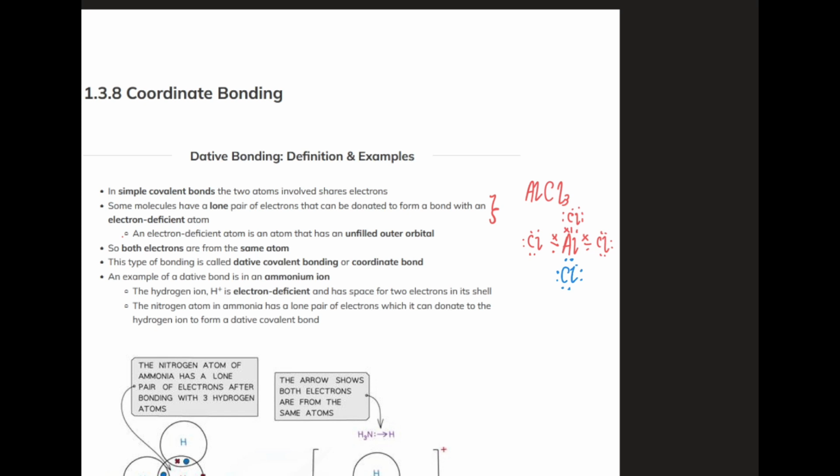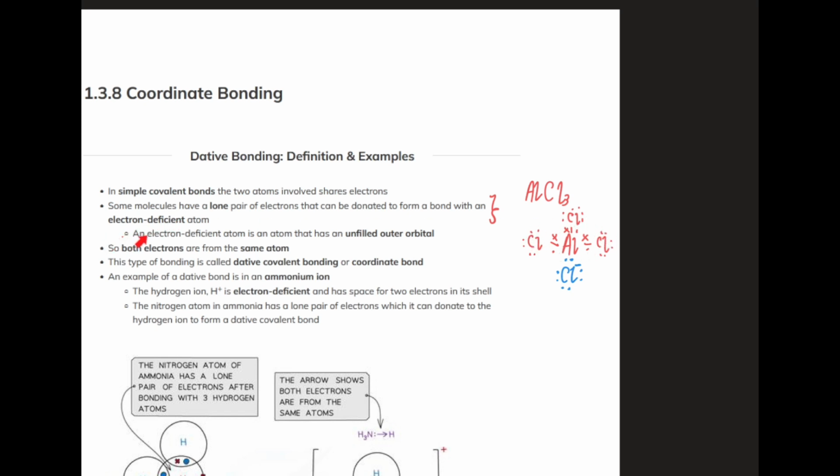So chloride has a negative charge. Okay, they can come here. So this is where the dative bond happens, at this particular place. Okay, so for a dative bond, one party must lack electrons and the other party has a lone pair. So we call it the donor, and this is the acceptor.